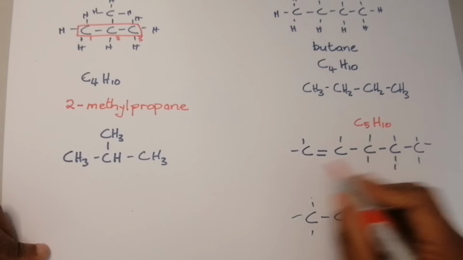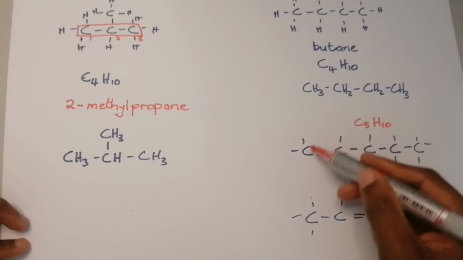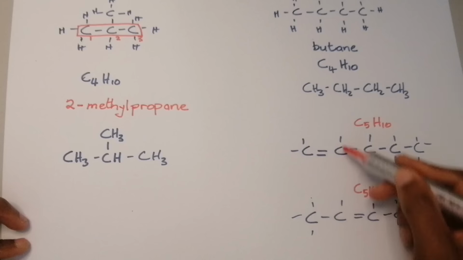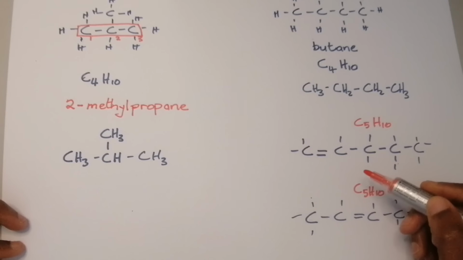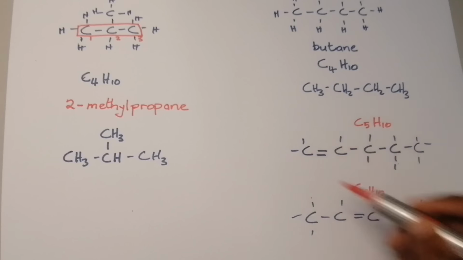Right, so in this case, how do I name this guy? So we said now we need to start introducing a numbering system. You always number from the side that is closest to your functional group, isn't it? What is our functional group this time? Our functional group in this case is going to be the double bond that exists between the two carbon atoms there.